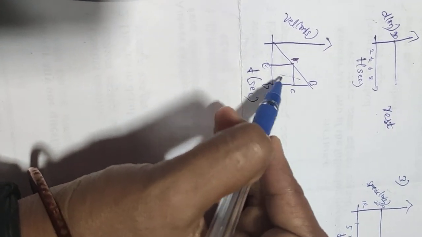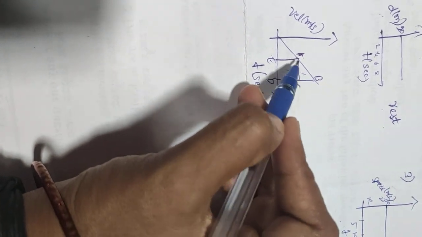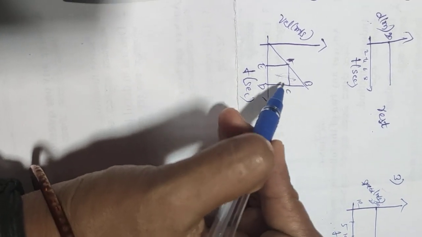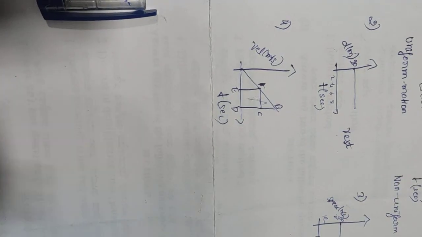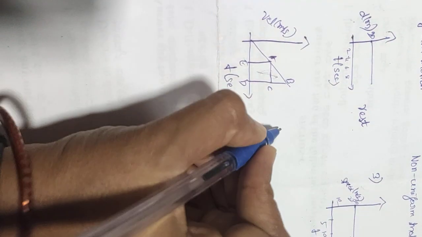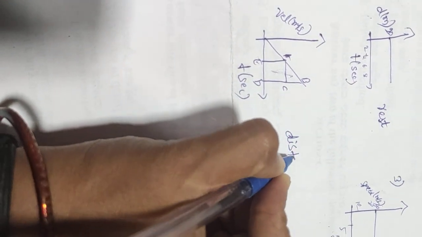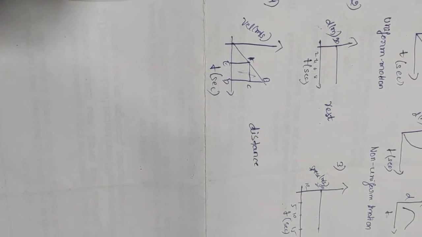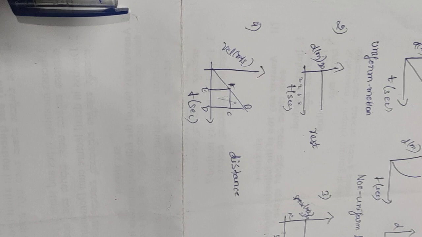So what does this give us? The area occupied is a triangle and a right-angled triangle, and they ask what we get from this. So we can find out the distance, the area occupied by the object. How can we find the distance?